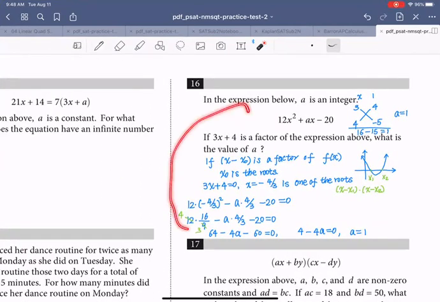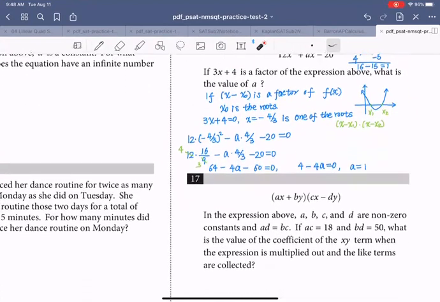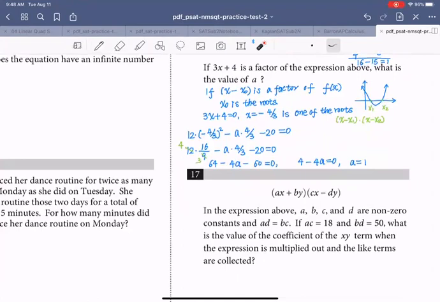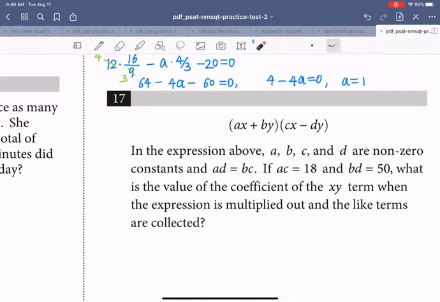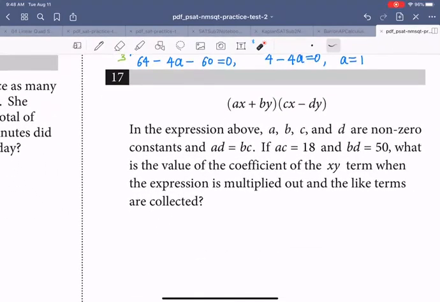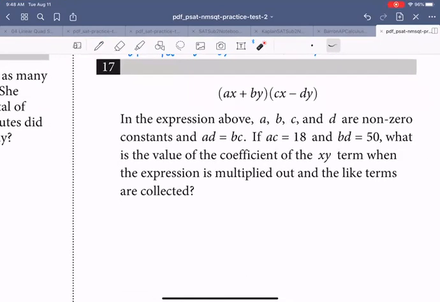This is a little bit hard question for this PSAT test. Now let's do 17. I give you way harder questions than your school to make you ready to survive or even be outstanding in high school. Let's do this question.